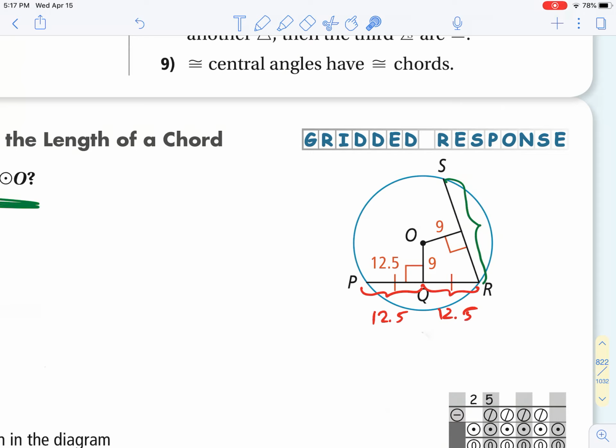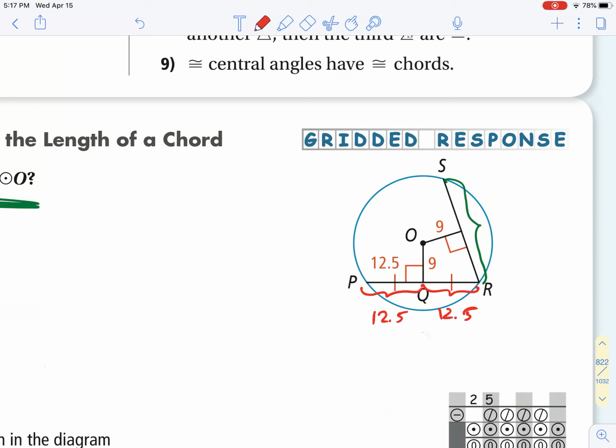And remember from the theorem right above, if we know that these chords are equidistant from the center, so that one's 9, that one's 9, then that is going to tell us that the chords are equal. So this chord is the same distance from the center as that chord.